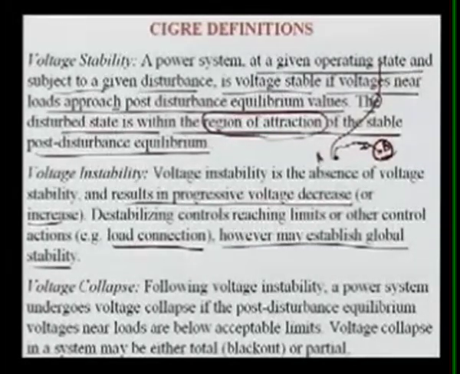The voltage collapse is defined as following voltage instability, a power system undergoes the voltage collapse if the post disturbance equilibrium voltages near loads are below acceptable limits. The voltage collapse in a system may be either total, that is a total blackout, or it may be partial.